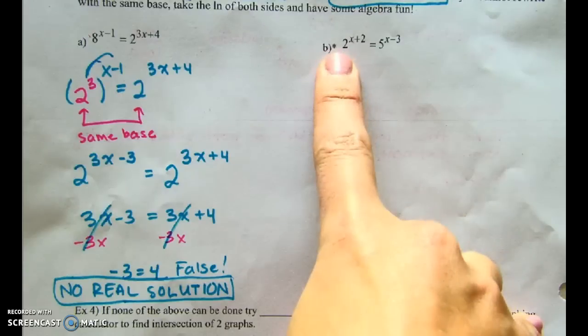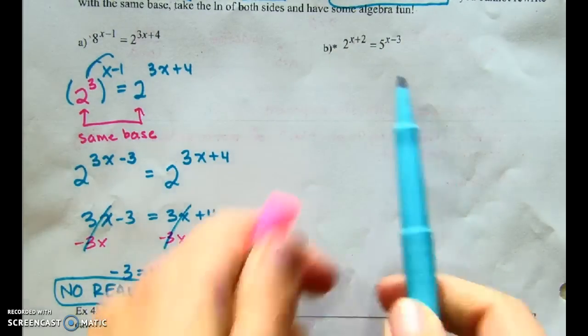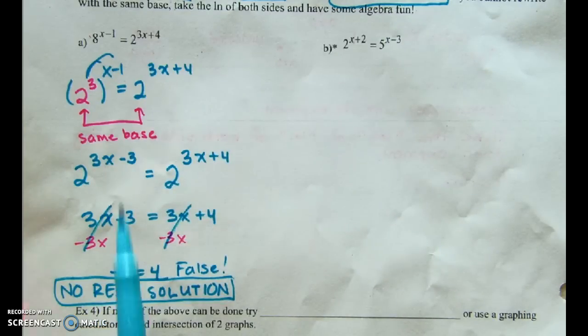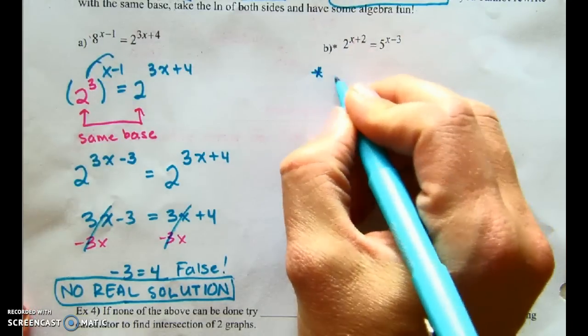Okay, why does this have a star? I don't know, it's a mystery. Can you write 2 and 5 to the same base, like we did here, the 2 and the 8? No, so what the heck? How do you solve that? Okay, so when your bases don't match at all, here's what we're going to do. Asterisks. Ready?